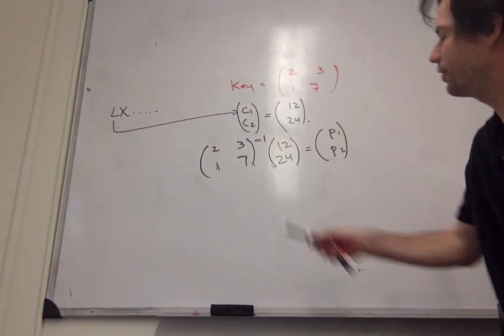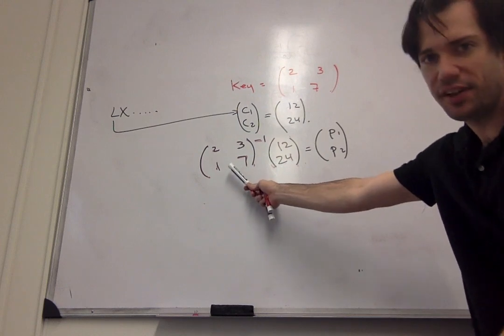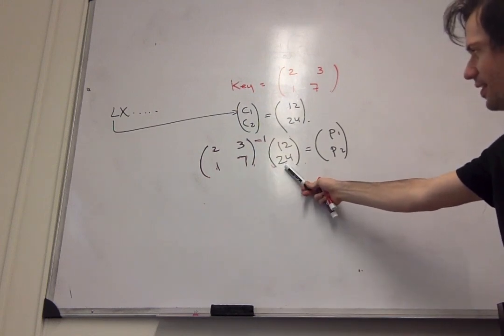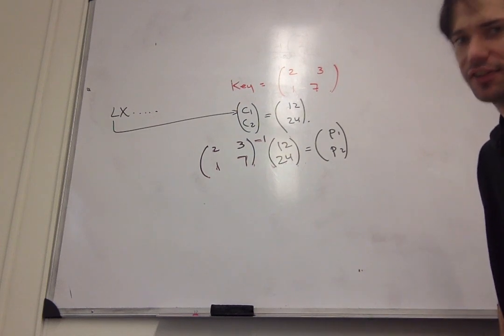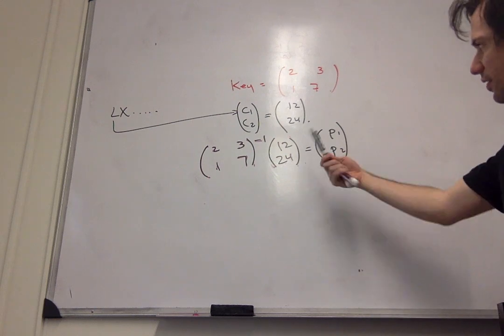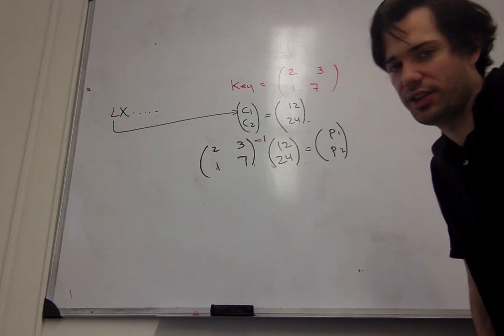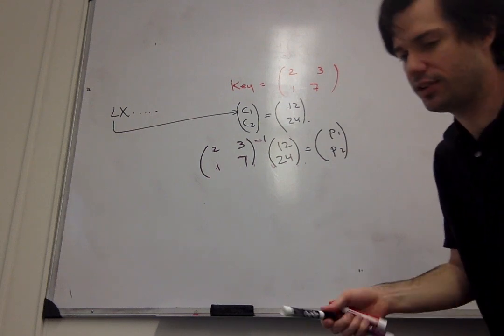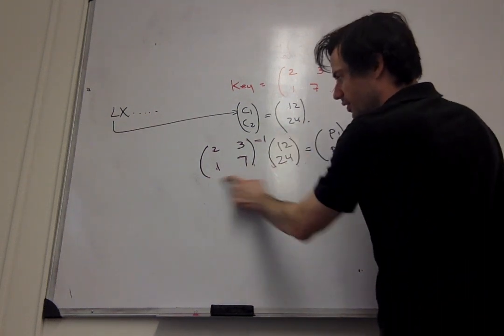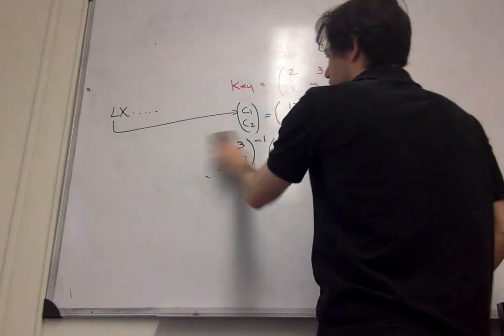I have the key, its inverse, and the position of the cipher message. If I carry this calculation out correctly, I should get P1 and P2, which are the positions of the plain message. Okay, so we need to find the inverse of that matrix.